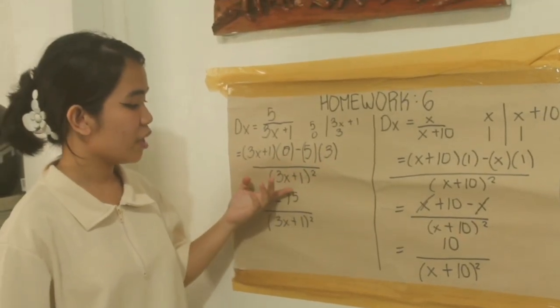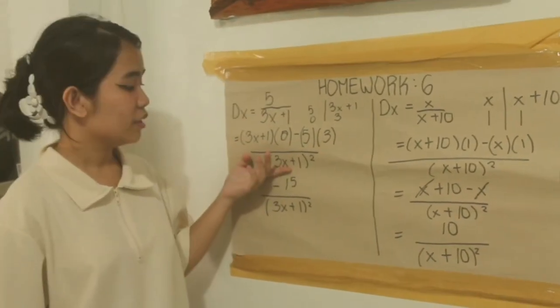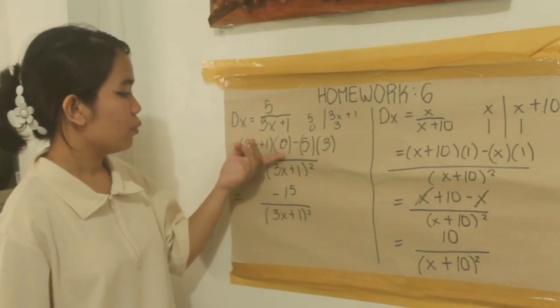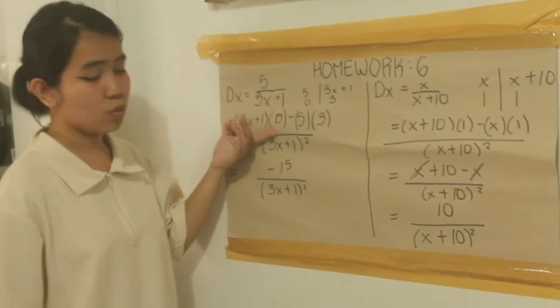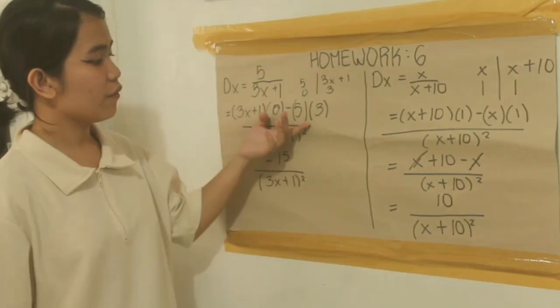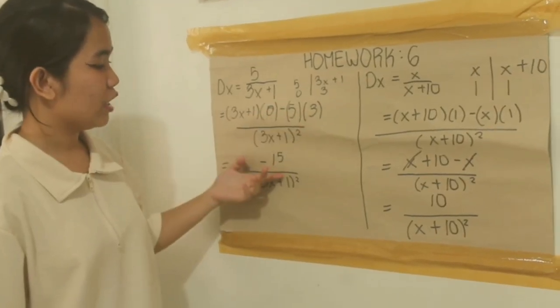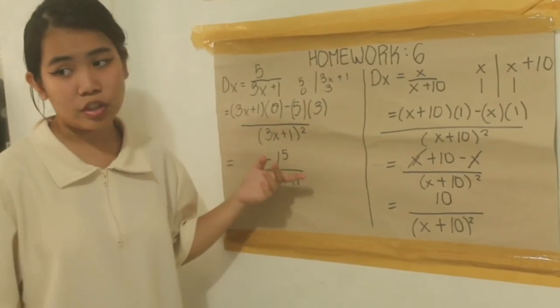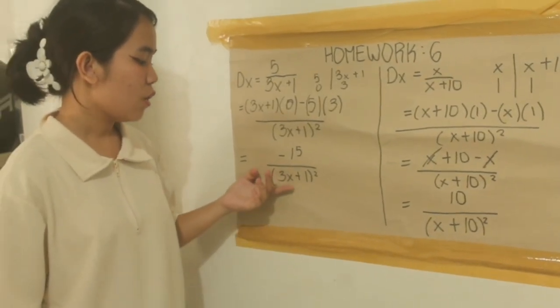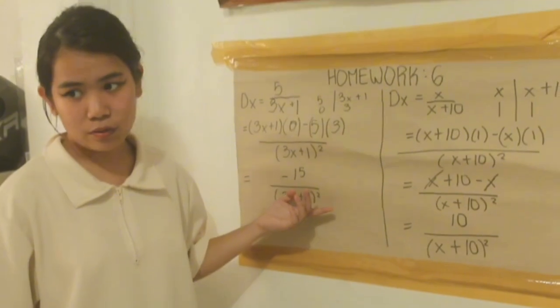So for the denominator, we will just have to substitute the g(x) squared. And so we will have to multiply 3x plus 1 multiplied to 0. It will be 0 or cancel. Negative 5 multiplied to 3 will be 15. And for our denominator, we will just have to copy it. So our final answer is negative 15 over 3x plus 1 squared.